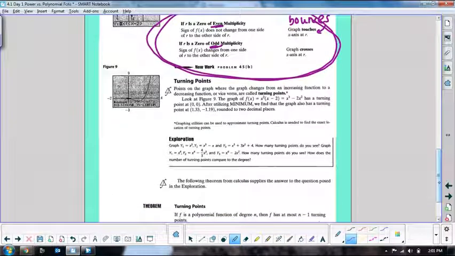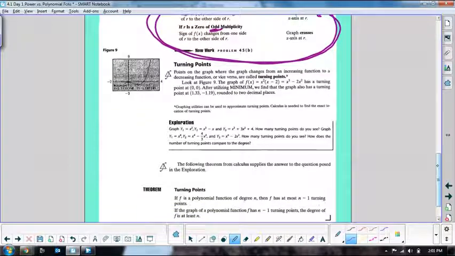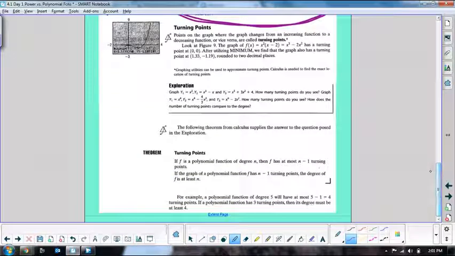Last term to know is turning points. These turning points are basically the same-ish as maxes and mins. Those are called turning points because they're changing from increasing to decreasing and vice versa. So sometimes we'll use that term to talk about both maxes and mins. One of the rules they talk about in this is that the maximum number of turning points you have for any polynomial has to be one less than the degree.